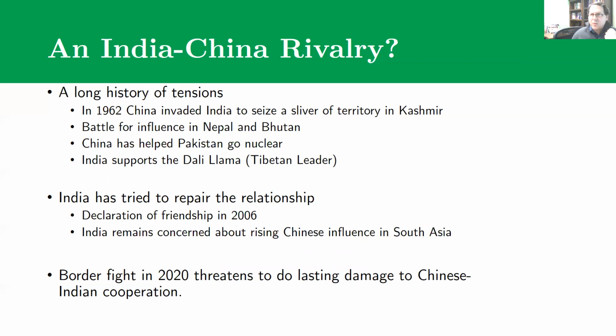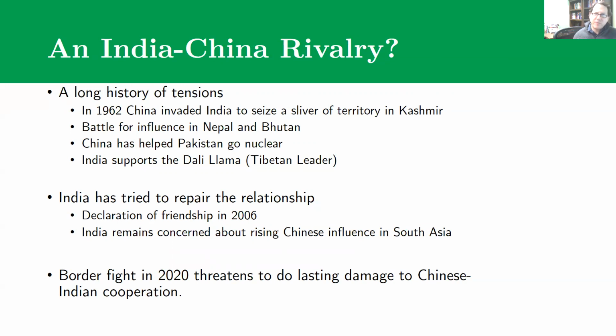And that relationship between India and China has long been contentious. In 1962, China, as I mentioned, invades part of India and carves off a sliver of territory from Kashmir. Pakistan hands over a chunk of its own territory from Kashmir to help facilitate Chinese control over that area, but that lays the seeds for this toxic relationship between the two countries.